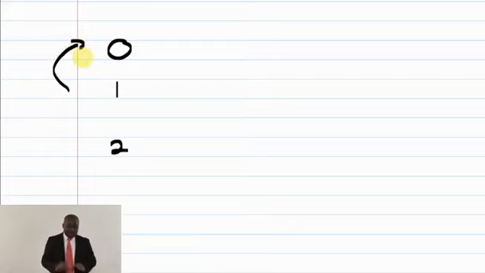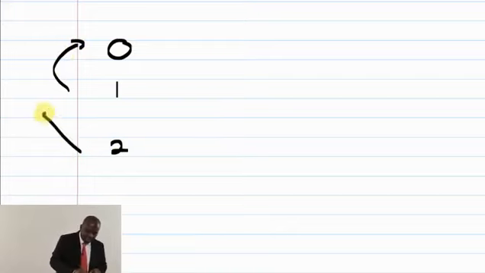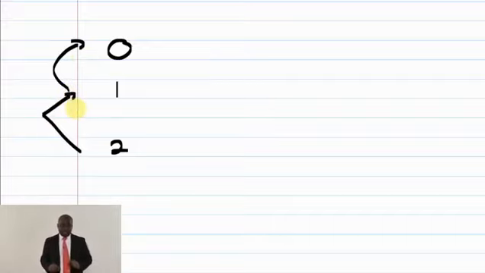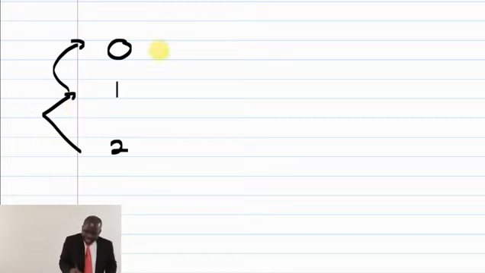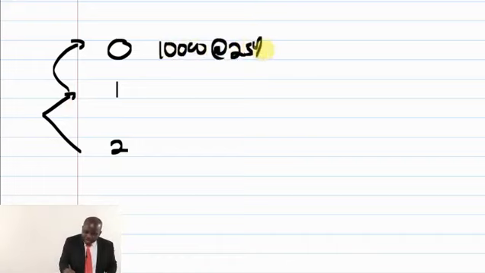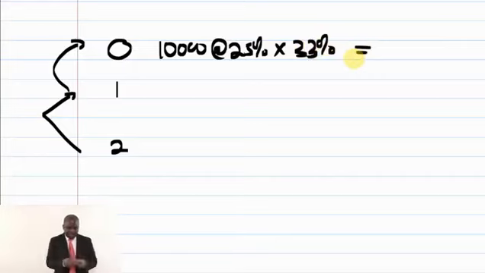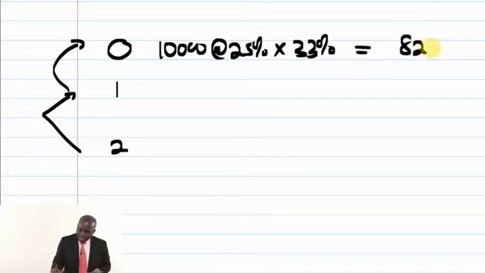The capital allowance we have to claim in year 2 is what we are claiming in year 1. It's like advance. We are claiming it in advance. Therefore, the cost of the asset is 10,000 at 25% at the tax rate of 33%. And what are we going to get? 10,000 times 0.25 times 0.33 gives 825.